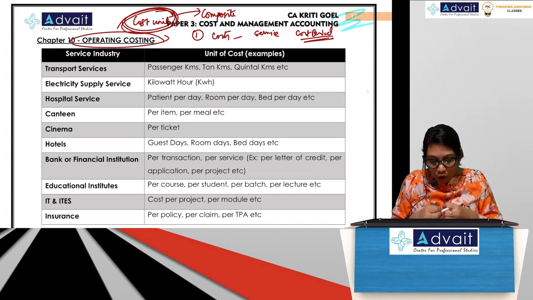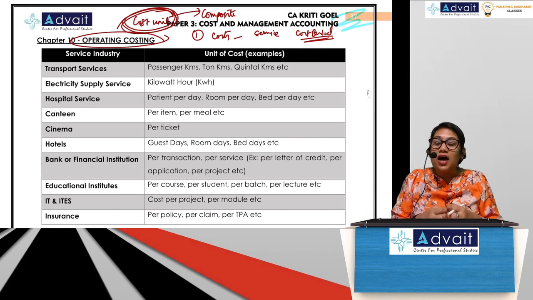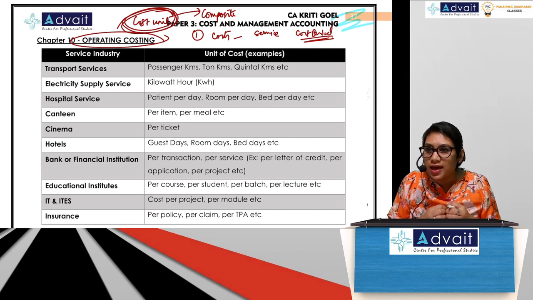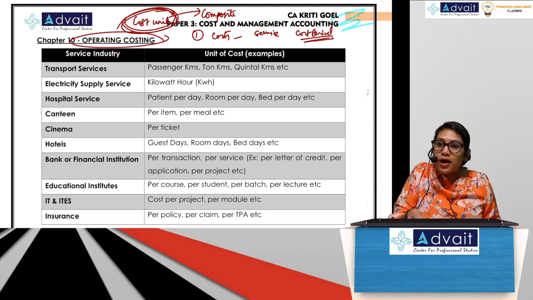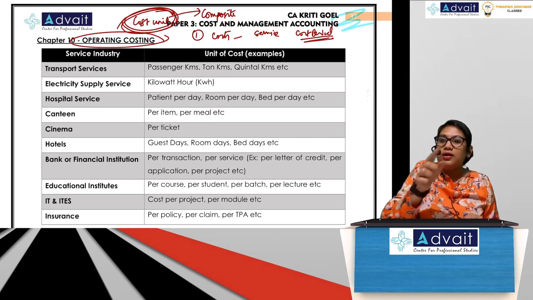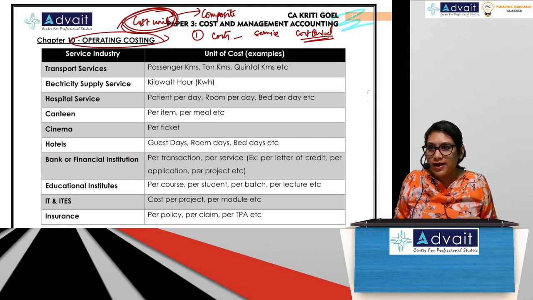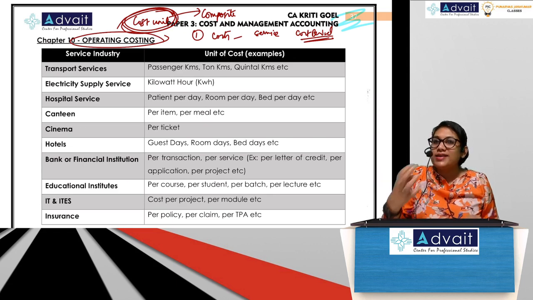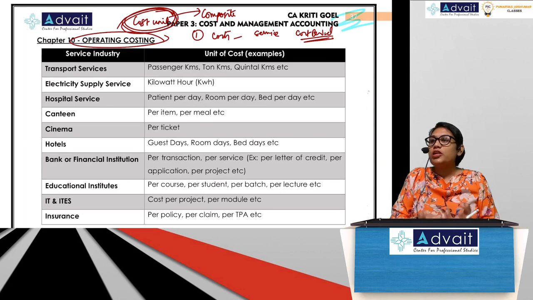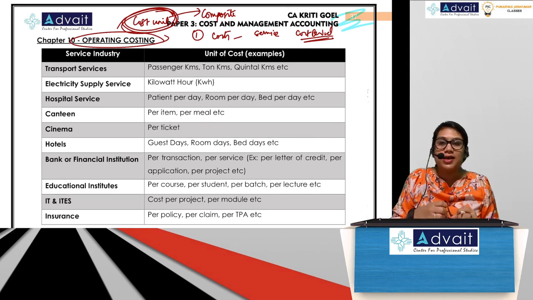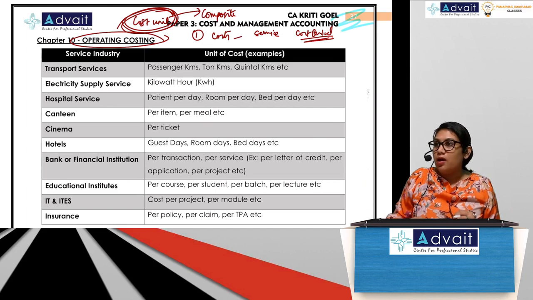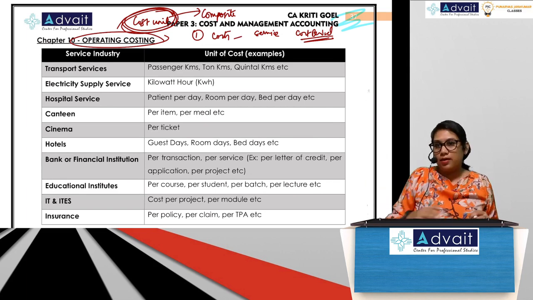So when you go to a hotel and ask them for the tariff, what do they say? It is so and so, or X amount per room per day, right? Only on that basis you can calculate what the total revenue of the hotel could be and how to calculate the costs. So in that case, the cost unit is not per room, not per day, but per room day.